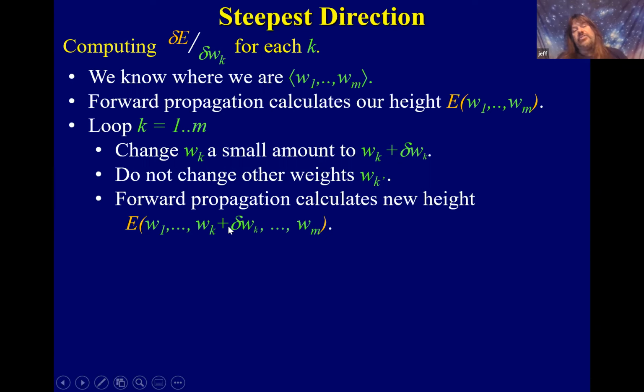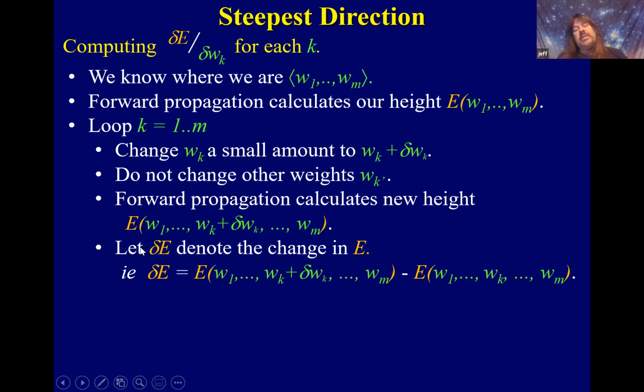Note, I've changed weight k to be slightly bigger, right? And that's going to change the error. And then we're going to ask, how much did the error change? Did it get better? Did it get worse?